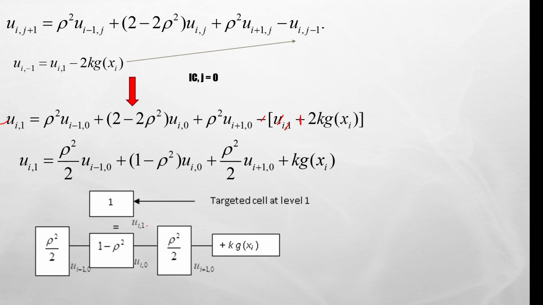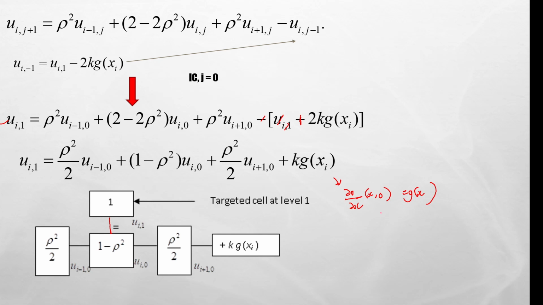So this is u_{i,1}. 1 time of u_{i,1} is equal to rho squared over 2 u_{i-1,0} plus 1 minus rho squared u_{i,0} plus rho squared over 2 u_{i+1,0} plus k g(x_i), where g(x_i) is from your del u del t at t equal to 0 equal to g(x).